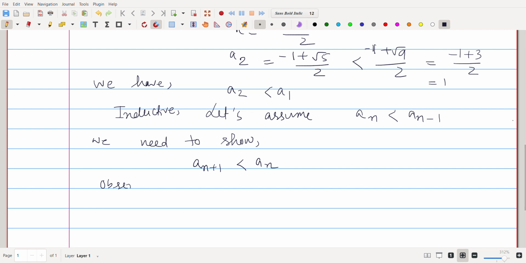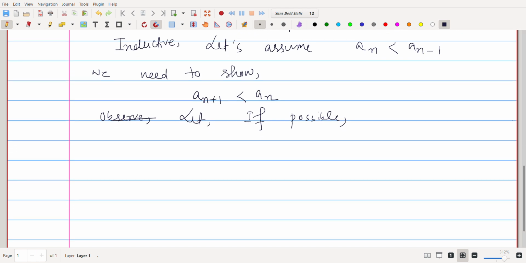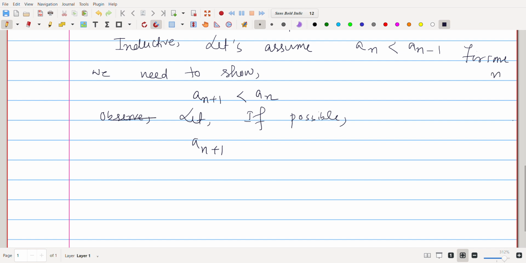So observe, let, if possible, a_(n+1) for some n, and I need to show that a_(n+1) is less than a_n for that n.